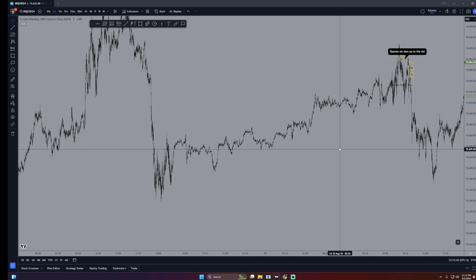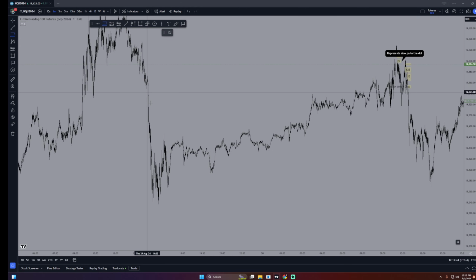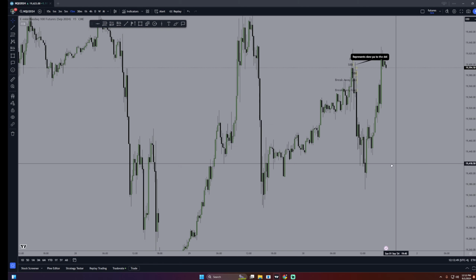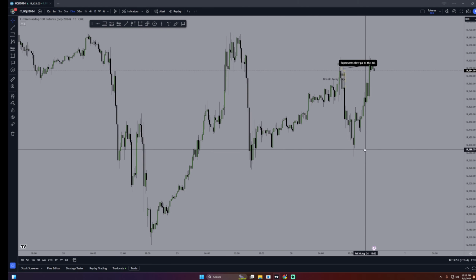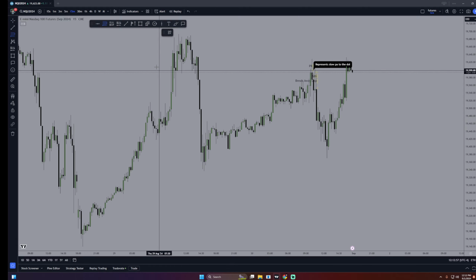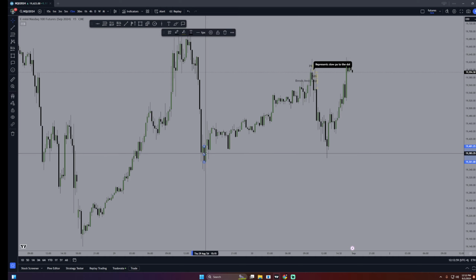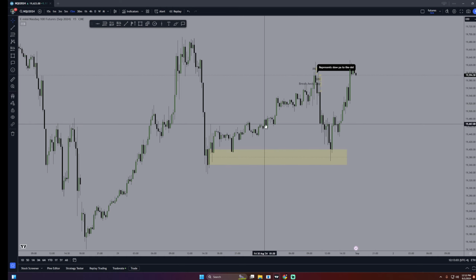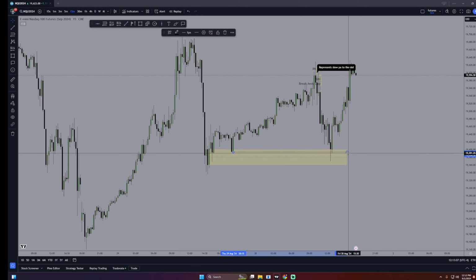Reversals happen, but I'm pretty sure this is also, unless I'm wrong, 50% of this. No, it wasn't. This was after mitigating the order block, which if y'all would have paid any attention to, you would have had your take profit right at this line.